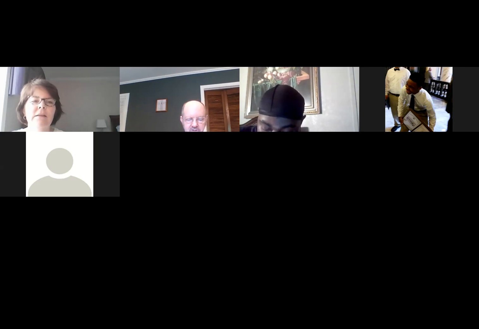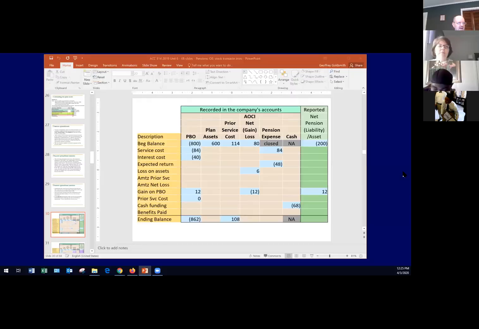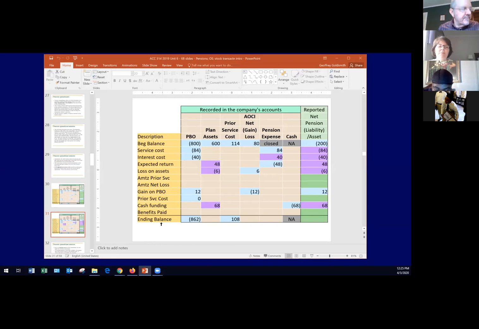Then let's take a look at the spreadsheet and see what we can do with those numbers. Some of the numbers that we're given now, we can extend into blank cells on the spreadsheet. If pension expense was 84 million, that means they owe 84 million because the employees earned it, and then this net liability would grow by 84 million.